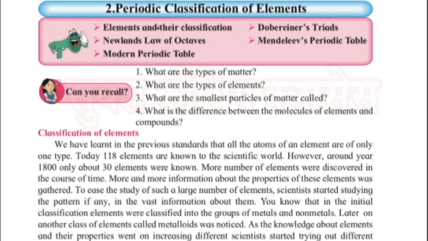Hydrogen is one element, oxygen is one element, and they form a compound H2O, that is called as a water. Okay, so in this chapter we start why we need classification of elements. In previous days there were limited elements discovered, but as more number of elements were discovered in a course of time, scientists found need to classify the elements according to their properties. So more and more information about their properties was gathered, and to study them well, scientists needed to classify the elements in different groups.